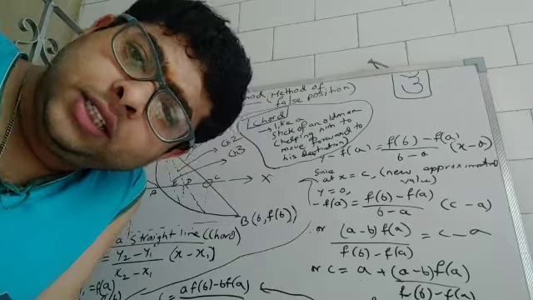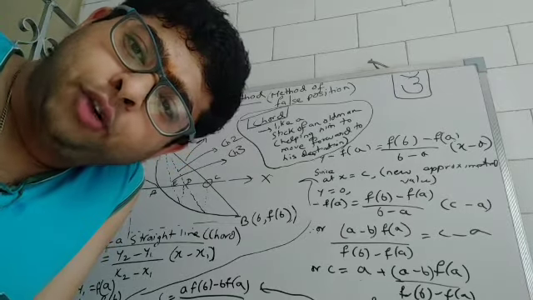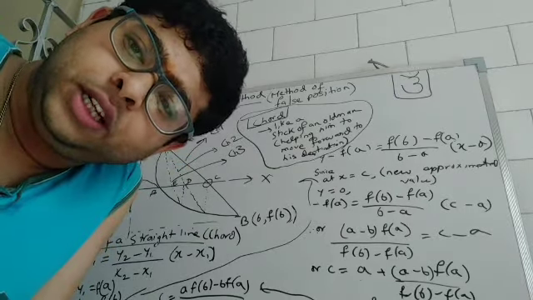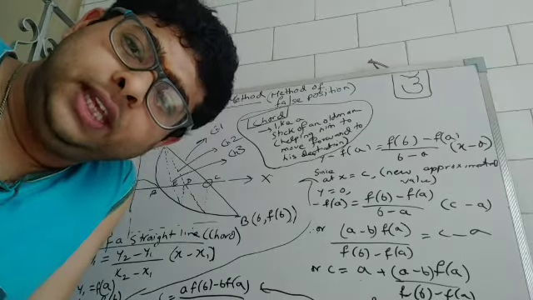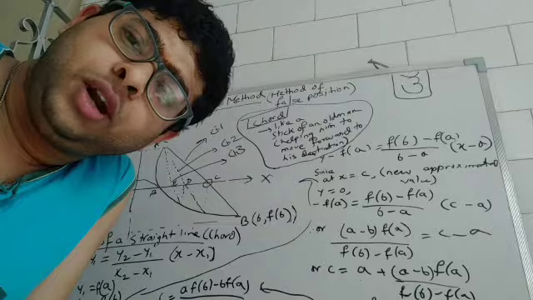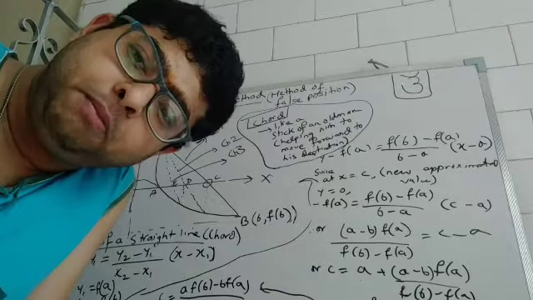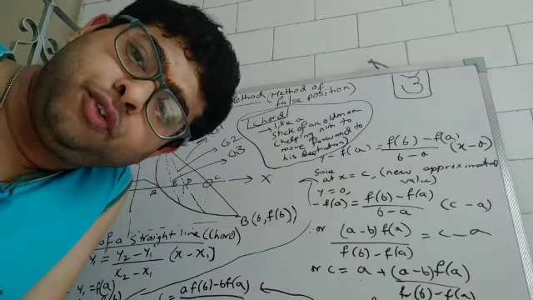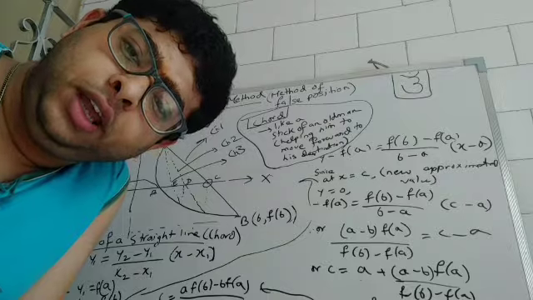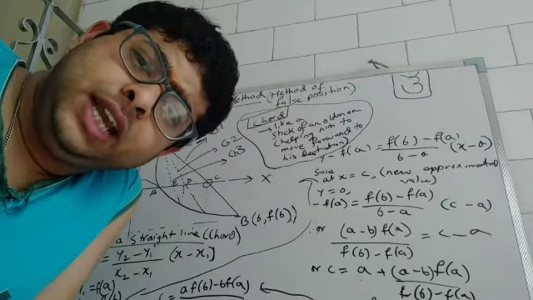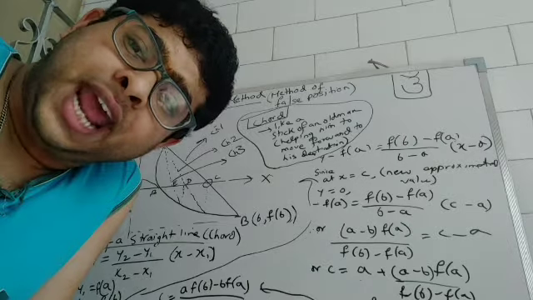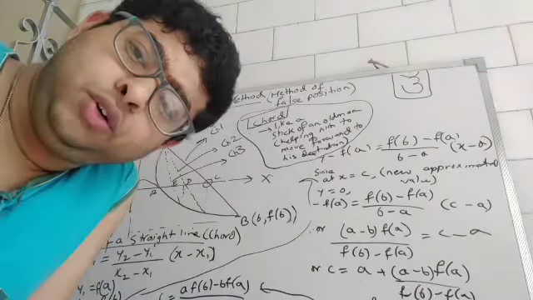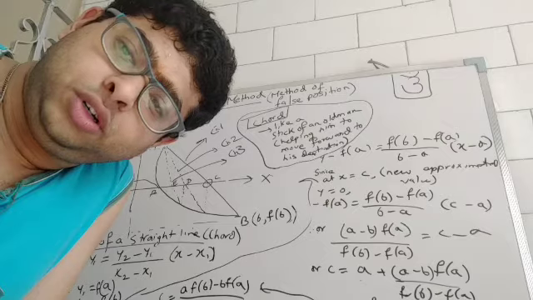In the last class, we have seen how to find the root of an equation by the Newton-Raphson method. Today we will be seeing another method known as the Regula-Falsi method, or method of false position. The basic difference is that in the Newton-Raphson method, the tangents are helping us to move close to the root.